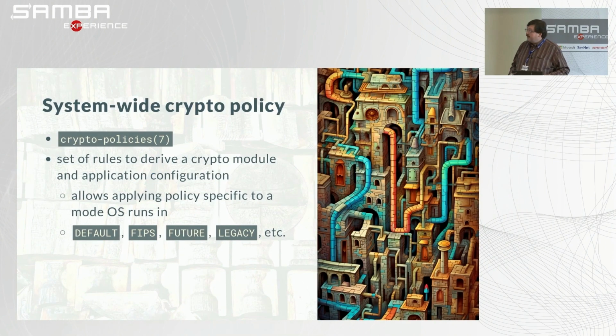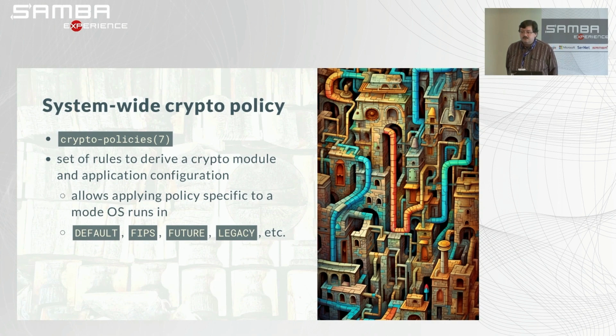Well, the way we do this in RHEL and RHEL derivatives, for quite a long time now, since I think RHEL 7, so more than 10 years, is the so-called system-wide crypto policy framework. That framework is a set of rules. Initially it was written in Perl, nowadays it's in Python and modular.